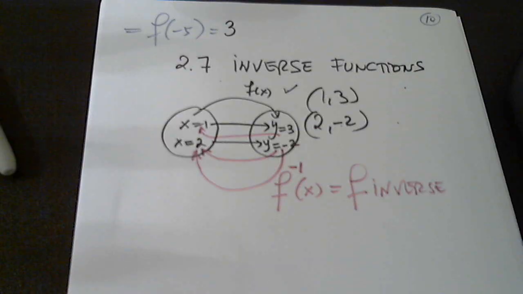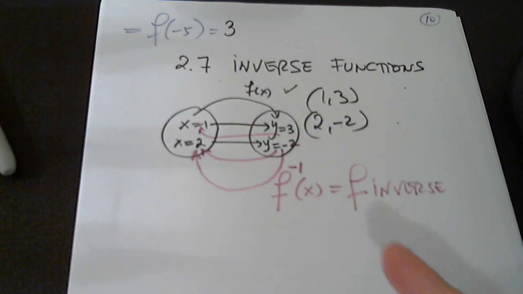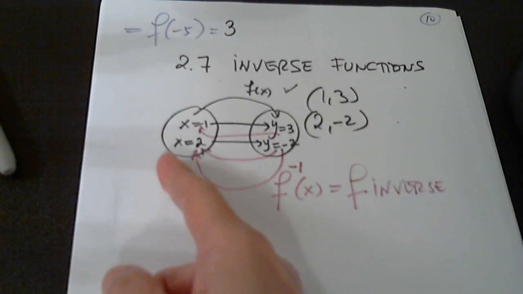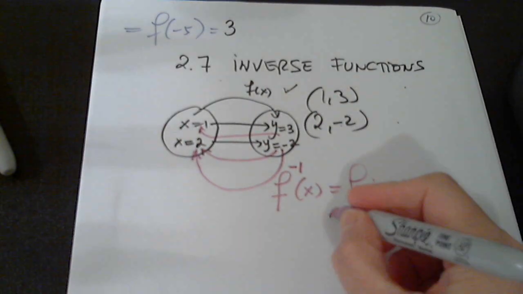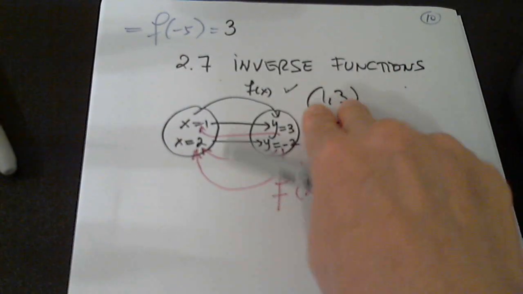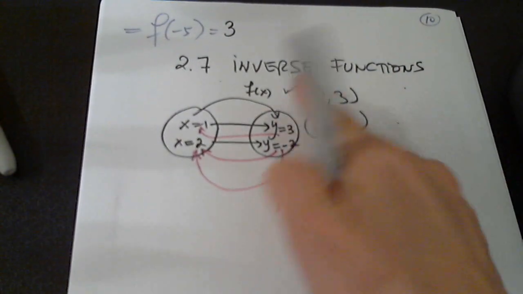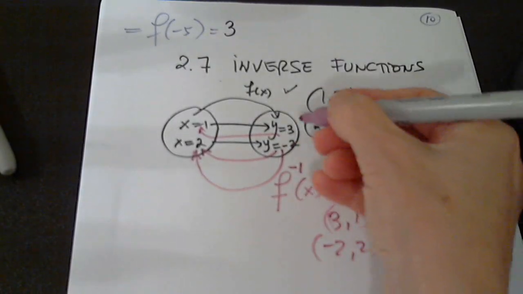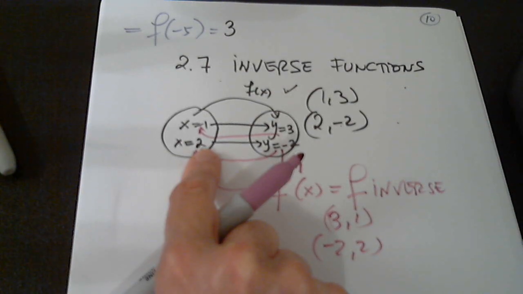Can anyone try to give us the points for the inverse function? 3, 1. Excellent. And -2, 2. Excellent. That's all I needed. So 3, 1 and -2, 2. So these are the x values for the inverse function, and these are the y values for the inverse function.